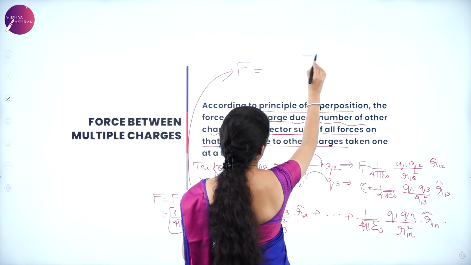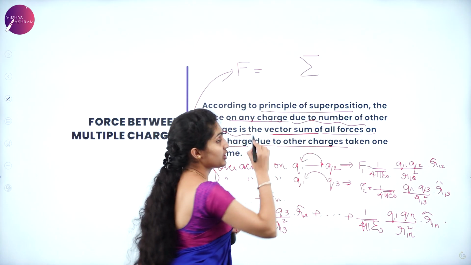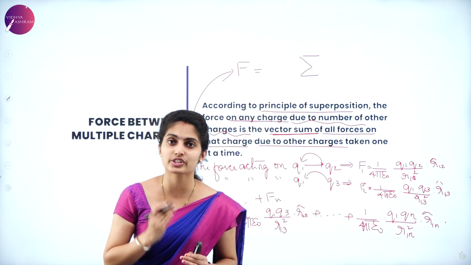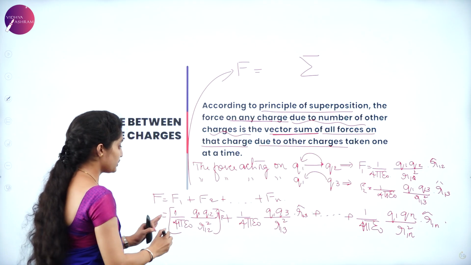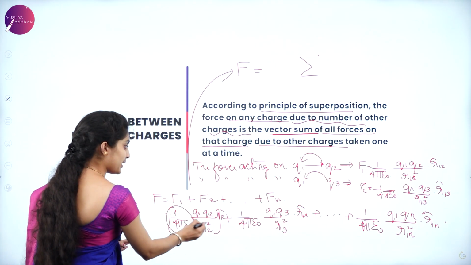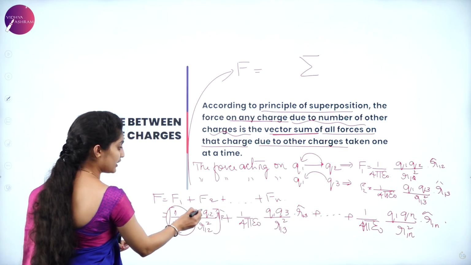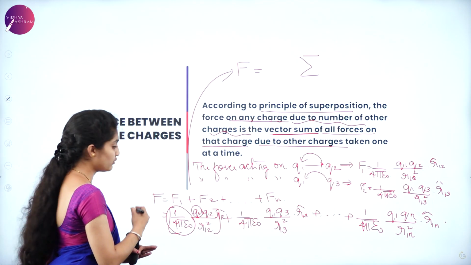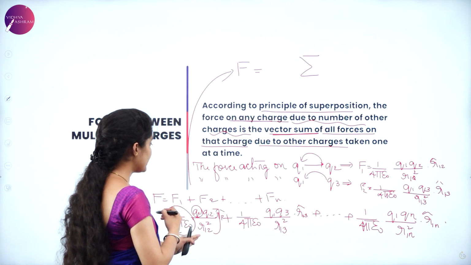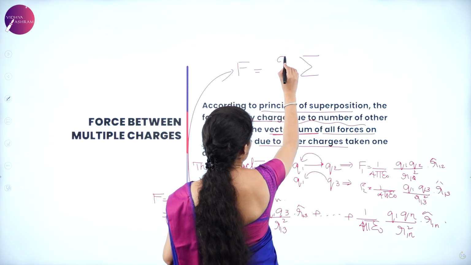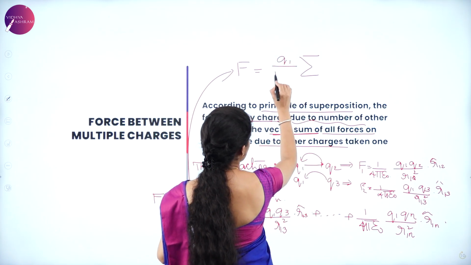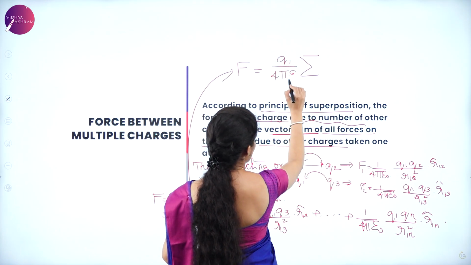F is equal to sum of. Before the summation, I have to write certain terms which are common throughout. So it can be 1 by 4 pi epsilon naught because it is repeated, and Q1 is also repeated, correct? So I can write these out: Q1 divided by 4 pi epsilon naught.